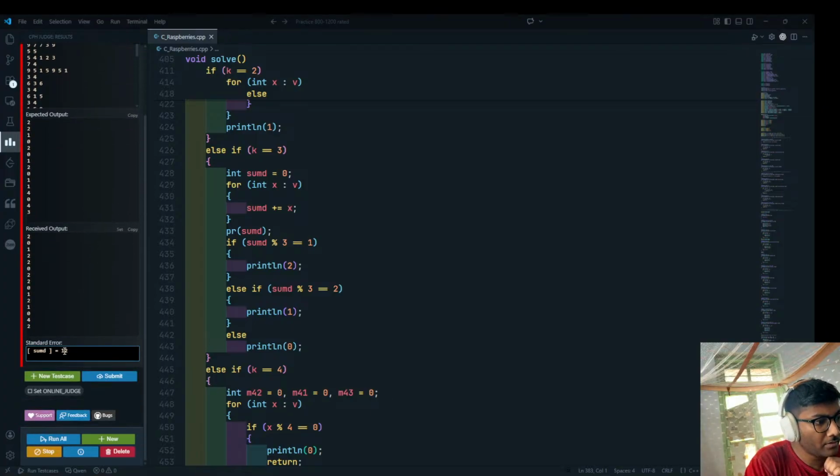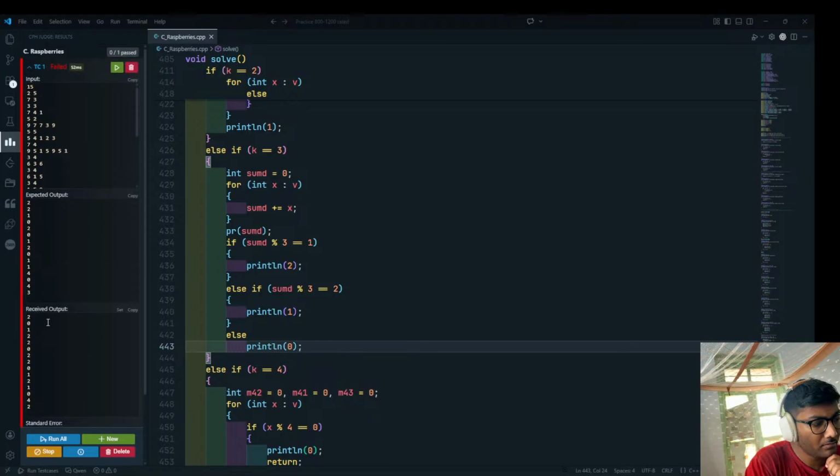Okay, so it says its sum is 12. So we are printing 0 only, no? Okay, the answer is 2. Why?